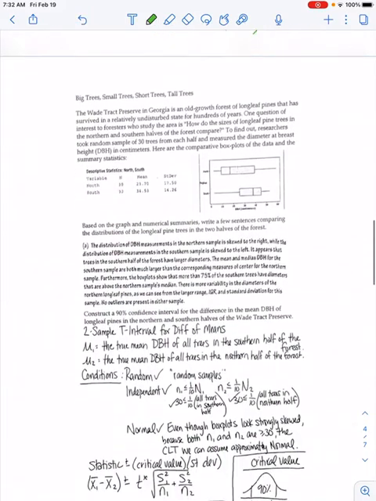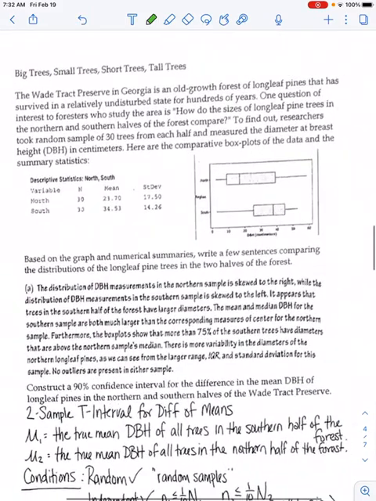All right, so let's talk through this problem. Big trees, small trees, short trees, tall trees. The Wade Tract Preserve in Georgia is an old growth forest of longleaf pines that has survived in a relatively undisturbed state for hundreds of years. One question of interest to foresters who study the area is, how do the sizes of the longleaf pine trees in the northern and the southern halves of the forest compare?